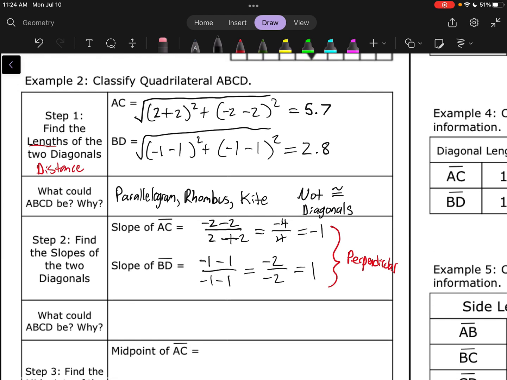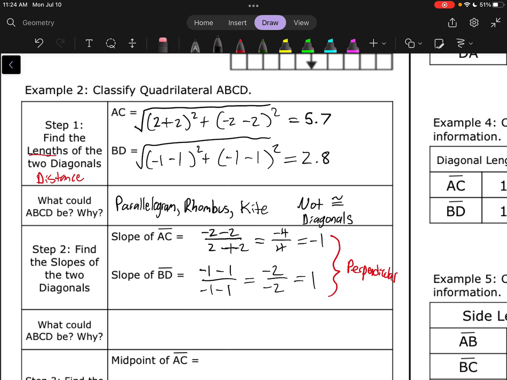So what does that mean for our quadrilateral? Well, which of those options that we listed on the last step do have perpendicular diagonals? And that is the rhombus and the kite. Right, the rhombus and the kite are the ones that do have perpendicular diagonals.